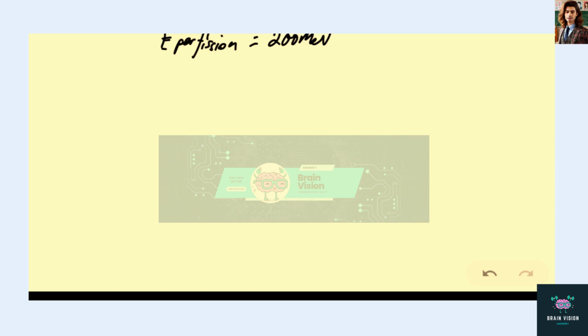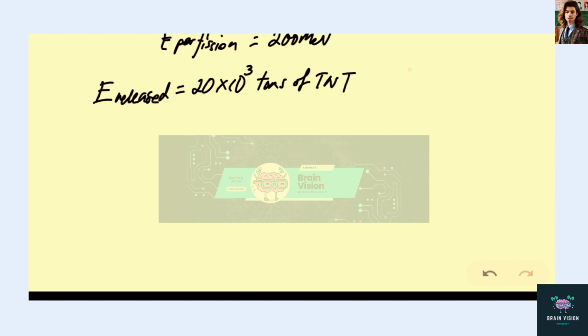Now we're given that the energy that was released is 20 kilotons of TNT, and we want to convert that into joules, right? And eventually to MeV, right? So we can find how many fission has occurred, and from the number of fission reactions, we can infer the mass of our uranium.